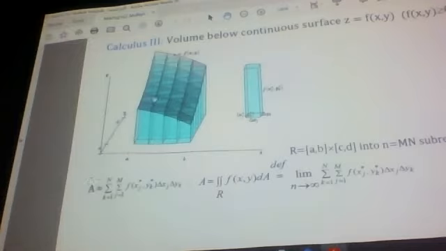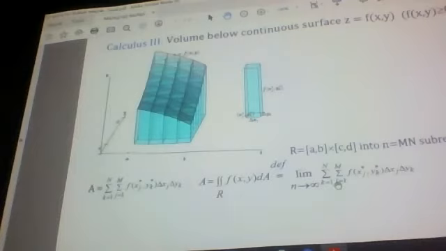Well, just as before, there's a wonderful theorem. If f is a continuous function of two variables, then the limit of that Riemann sum of two variables is the same no matter how you pick the points xj star, yk star in each rectangle.